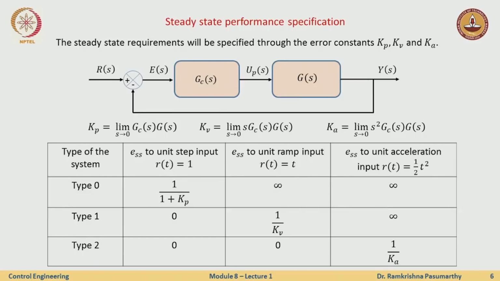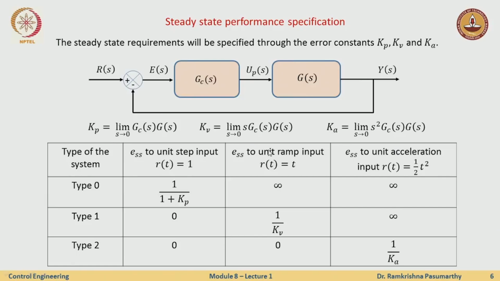Okay, so the transient performance specifications are usually in terms of zeta and omega n, and the steady state performance specifications are usually in terms of the steady state error, depending on whether I am tracking a step, a ramp, or a parabolic input. Based on these definitions and the type of the system, we had characterized several error constants.